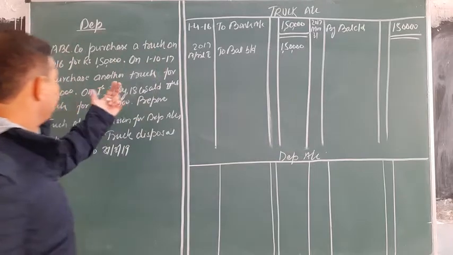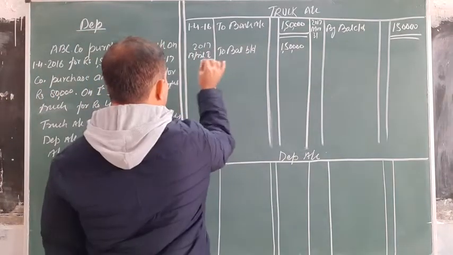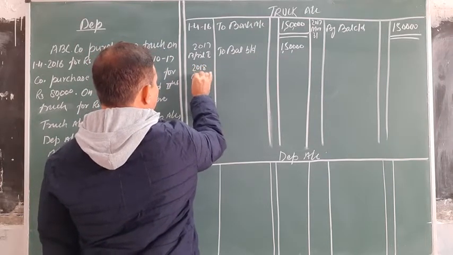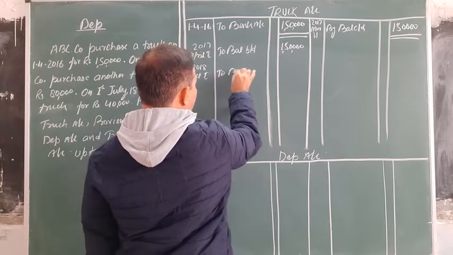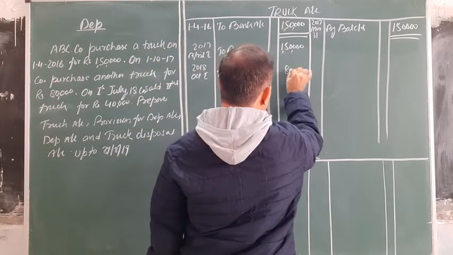In the second year, we have purchased another machine of rupees 80,000 on 1st October. So on 2017, October 1st, we have purchased another machine, so to bank account 80,000.